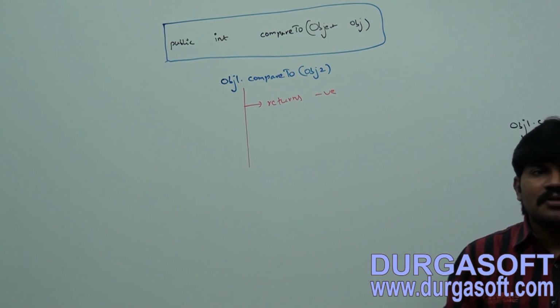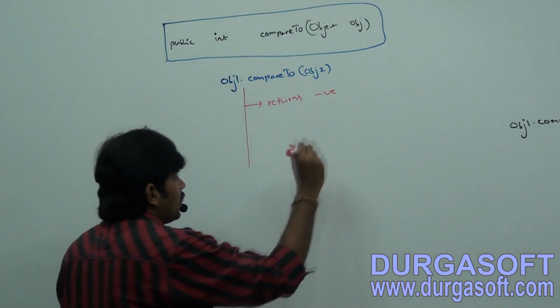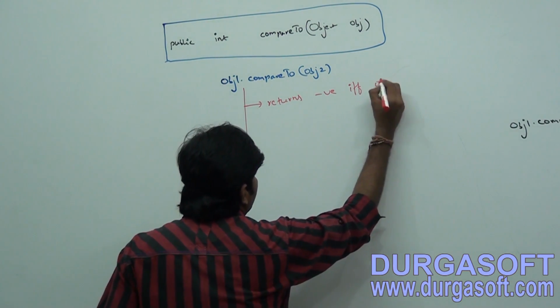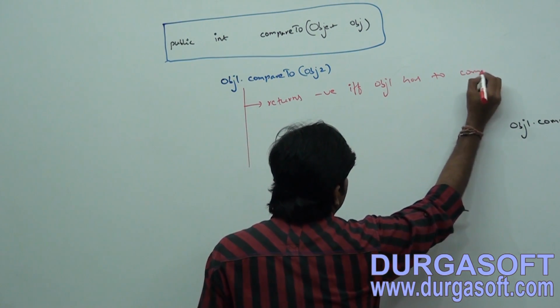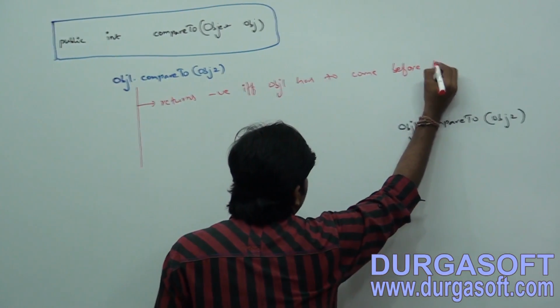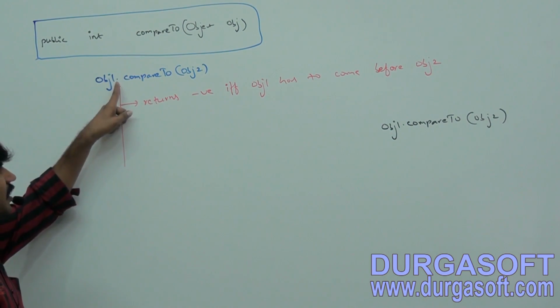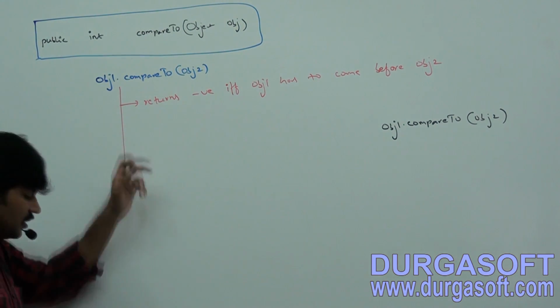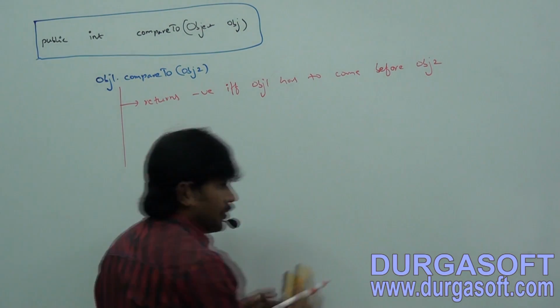The value is not important, only the sign. It returns negative if and only if obj1 has to come before obj2.